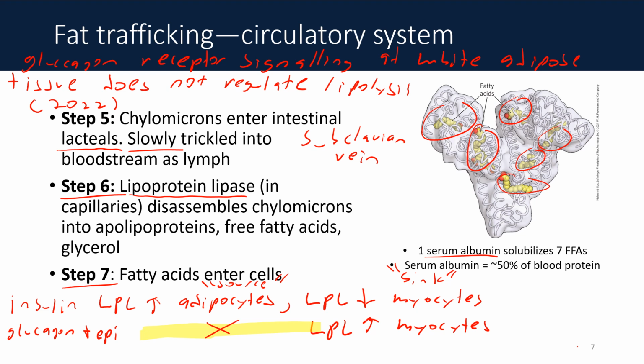Which means that glucagon doesn't seem to increase or decrease the amount of fatty acids taken up by fat tissue. And this is going to reinforce a common theme that biology isn't perfect, it just needs to be good enough.